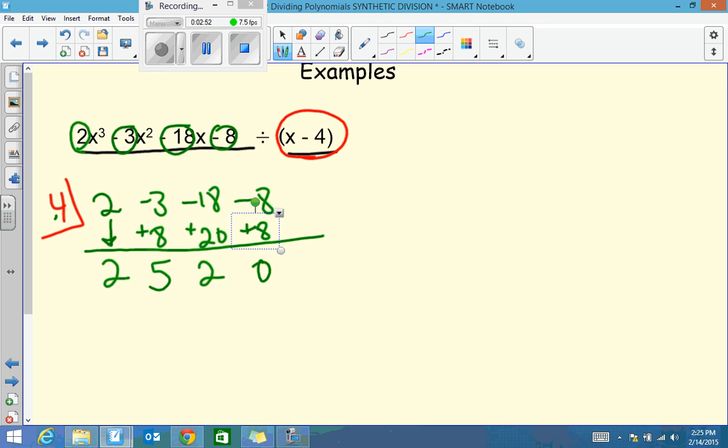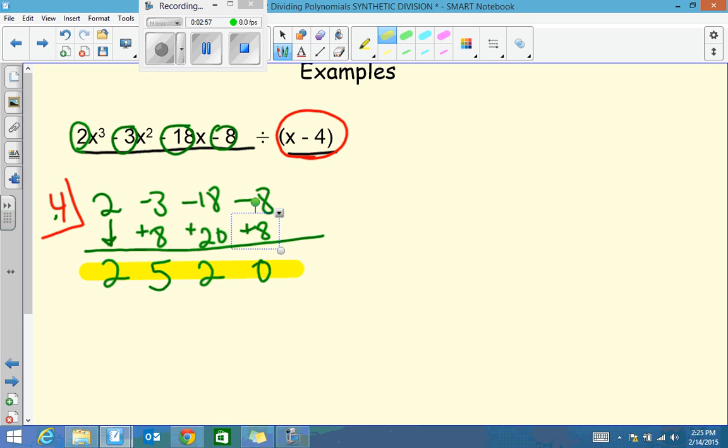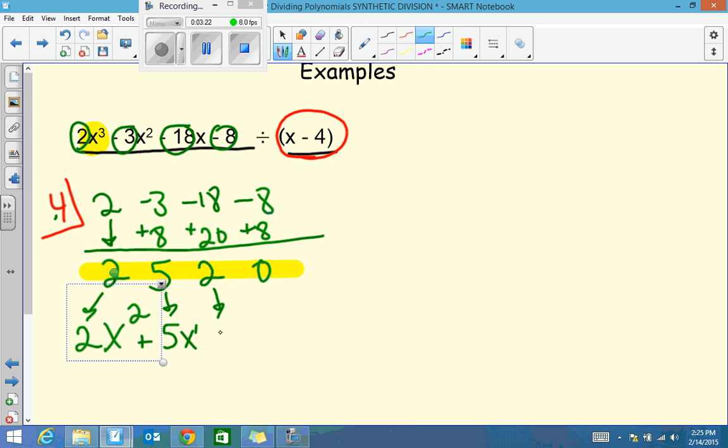So now what we have at this line are the coefficients of our answer. We're ready to write our answer out. Since we started with an x to the third, we subtract 1 from that degree, and we start our answer with x to the second. So we pull down this coefficient, and it becomes 2x squared plus 5x plus 2, and this last column is our remainder, which in this case is 0.